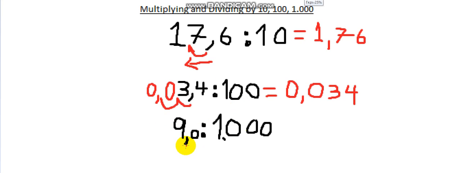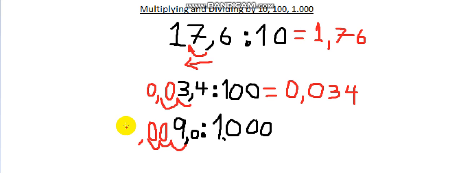How many places? Well, since we have 3 zeros, that would mean 1, 2, 3 places here. But now I have 2 empty spots with no numbers. So I'm going to put 2 zeros here, one 0 here, and another 0 here. And the comma would go in front of them.